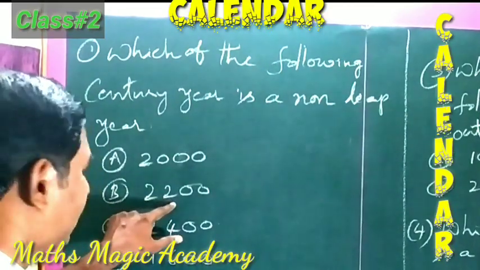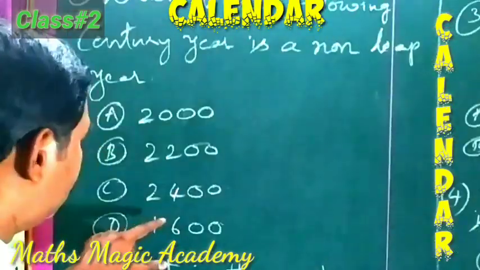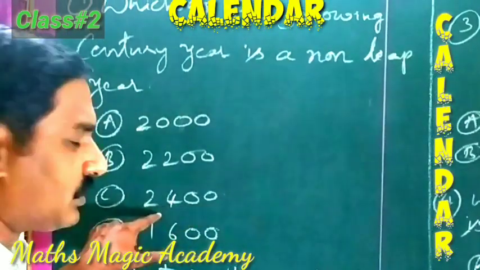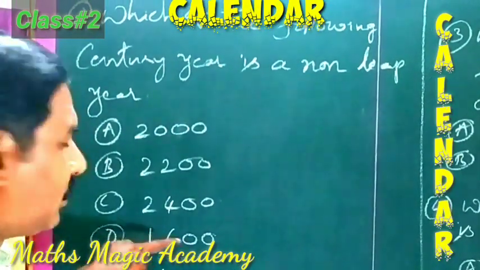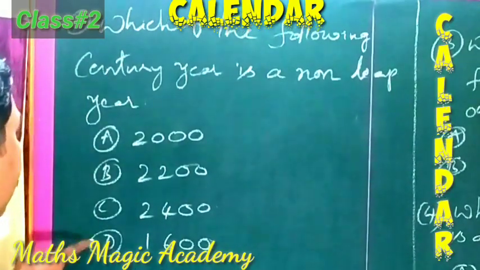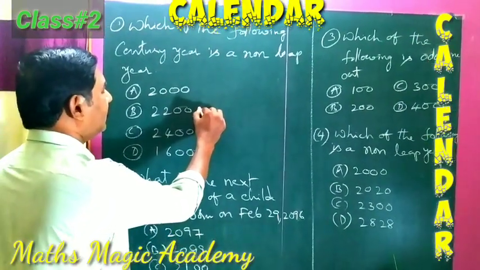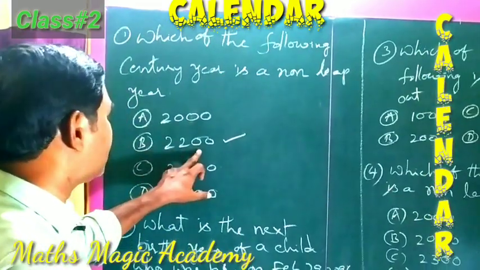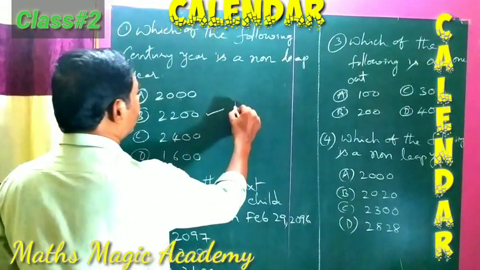And 2200 is not a multiple of 400. And 2400 and 1600 are multiples of 400. So these are leap years, whereas option B, 2200, is not a leap year. In century years, 2200 is not a leap year, so our answer is 2200.